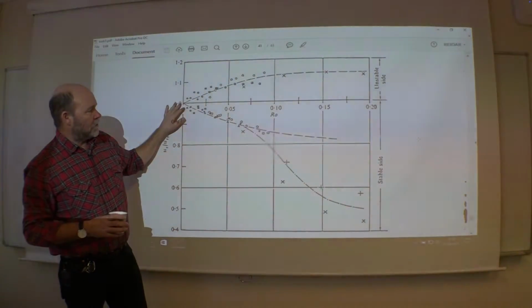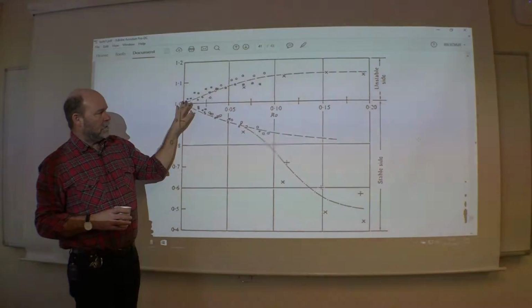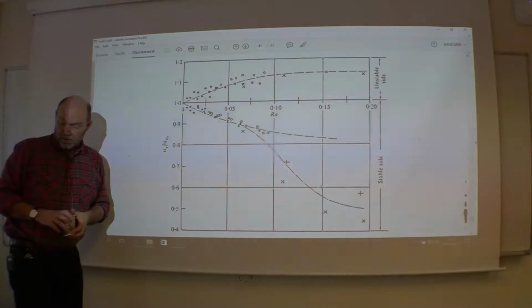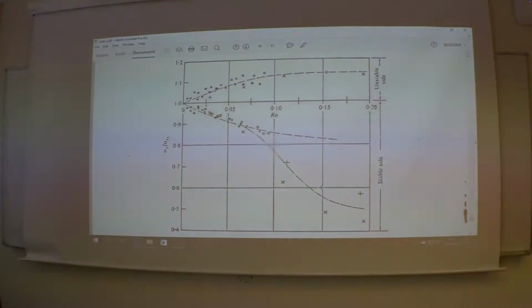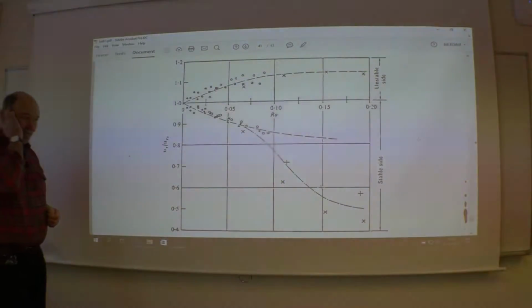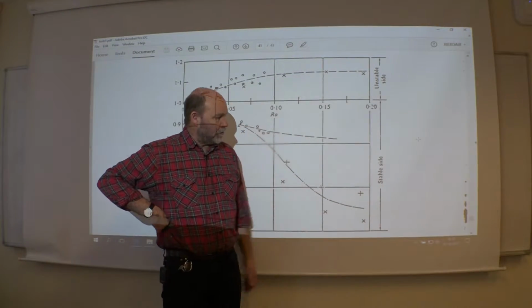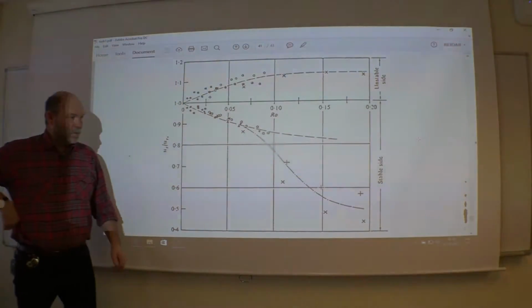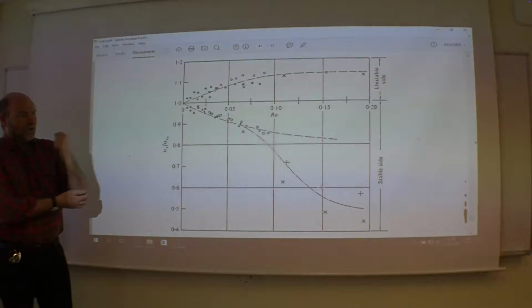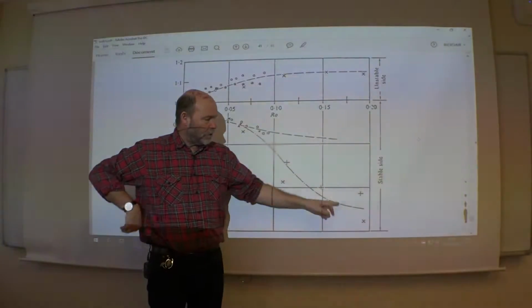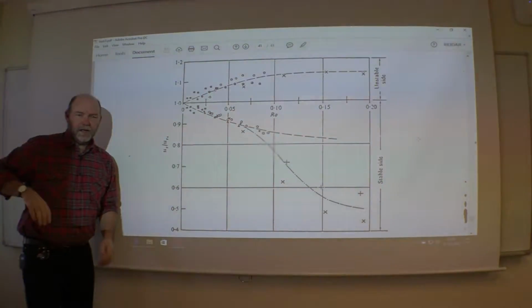While on the suction side, lower turbulent activity, you reduce the turbulent activity, you reduce the friction. These points down here, they are not to be believed.